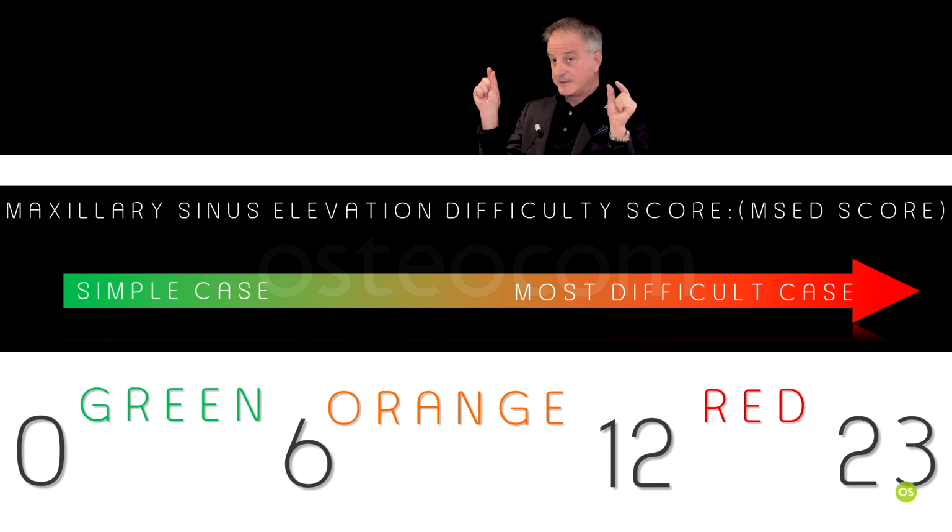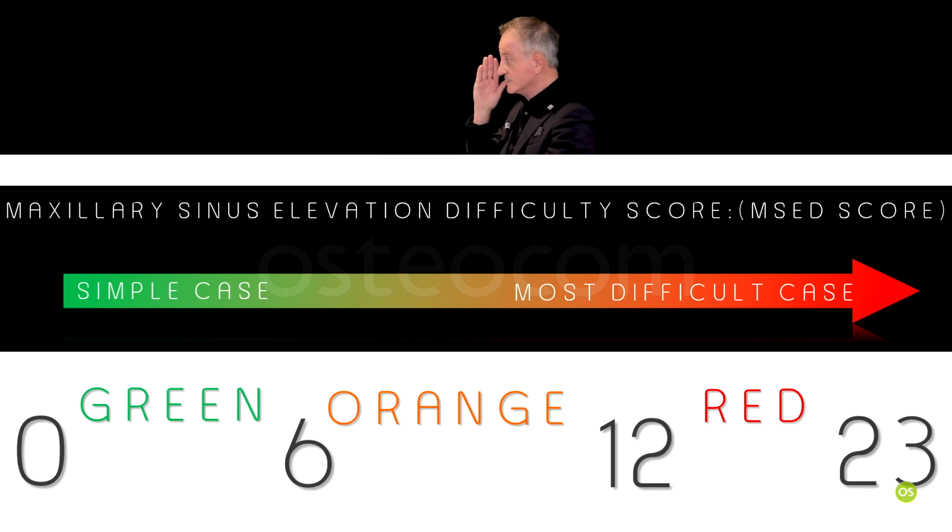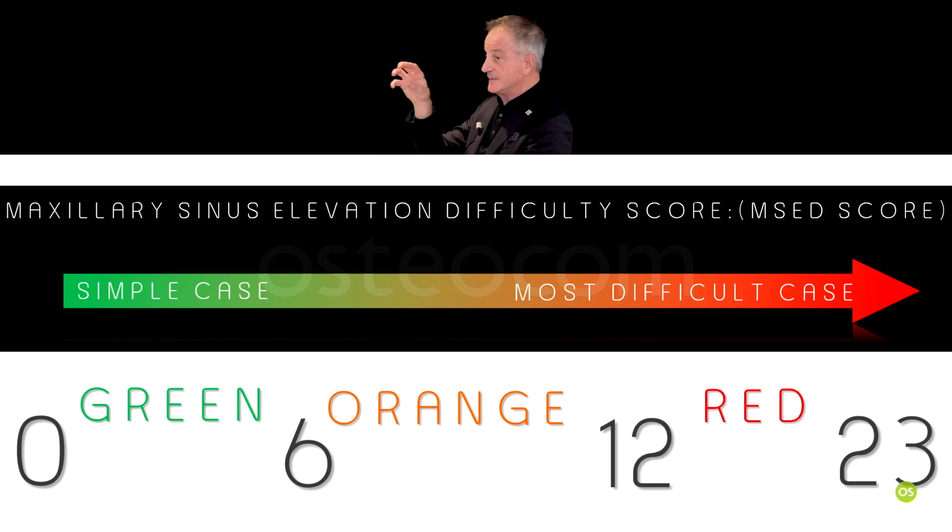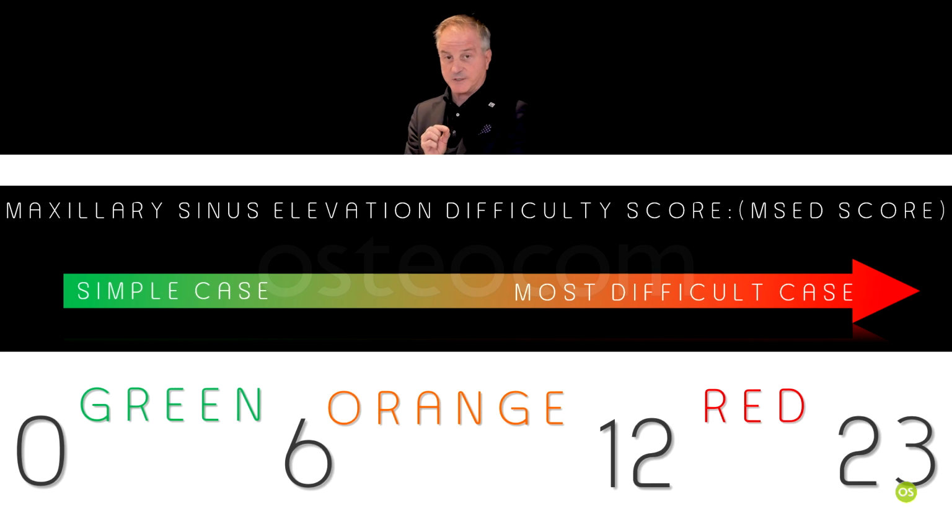And a thicker wall and a zygomatic process in the way of the sinus are more difficult than thin bone and a flat wall, which can be surgically done in a much easier way.